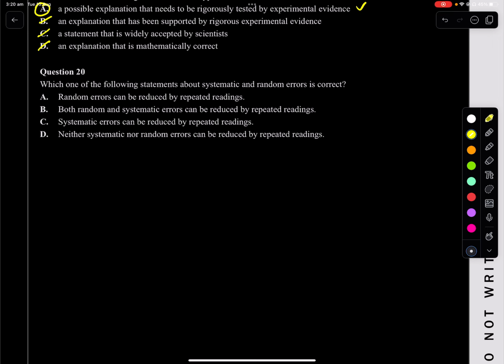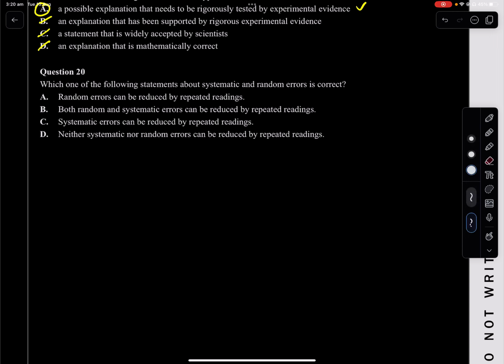For example, if you're measuring mass, and the balance is wrong by, let's say, 2 grams, it means all your values are going to be wrong by 2 grams. This is what we call a systematic error, because your whole set of values is wrong by 2 grams. Whereas with random error, one will be off by 1 gram, one by 2 grams, one by 3. So it's very random. All right, so that's what they mean.